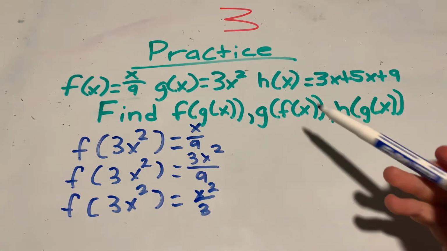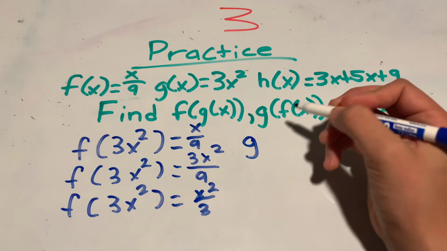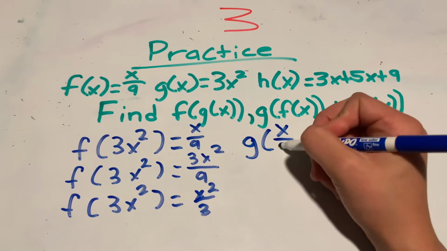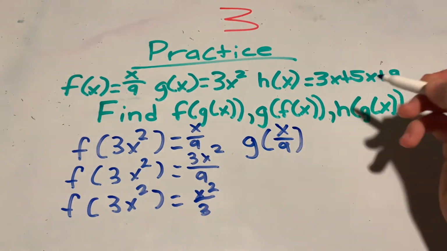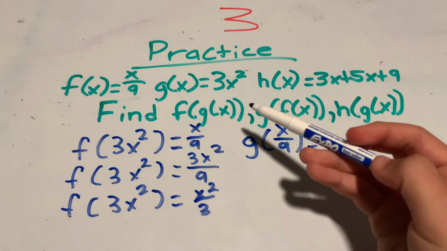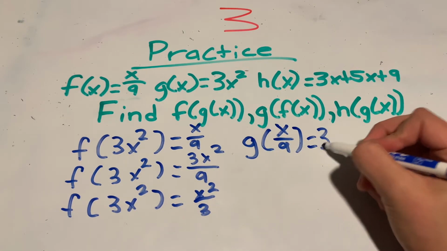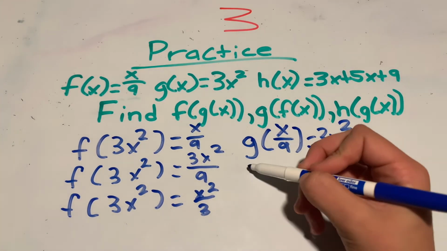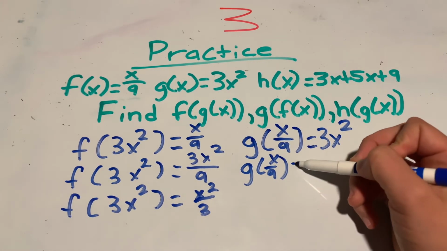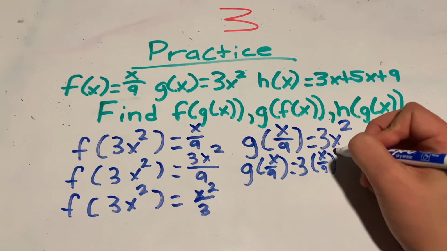Now let's do g of f of x. So g of f of x equals g of x divided by 9. And g of x equals 3x squared. Then we get 3, parenthesis x divided by 9 squared.